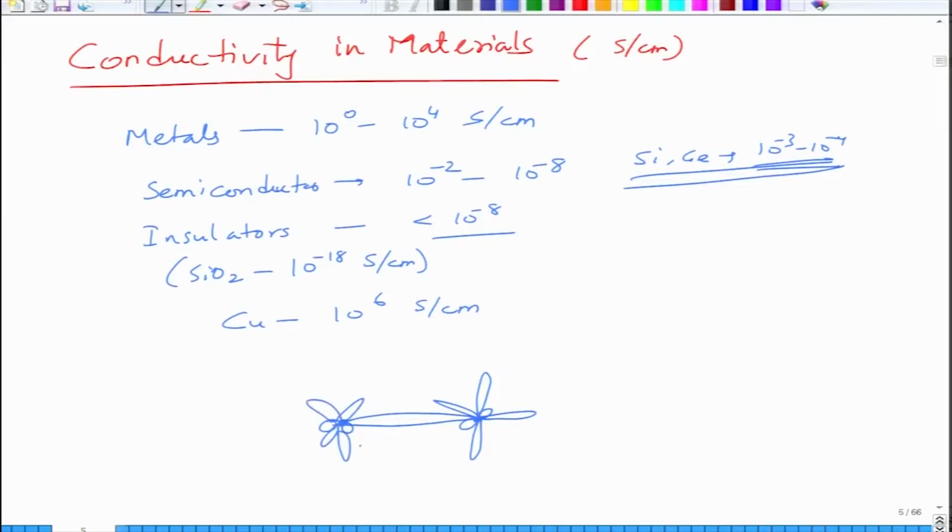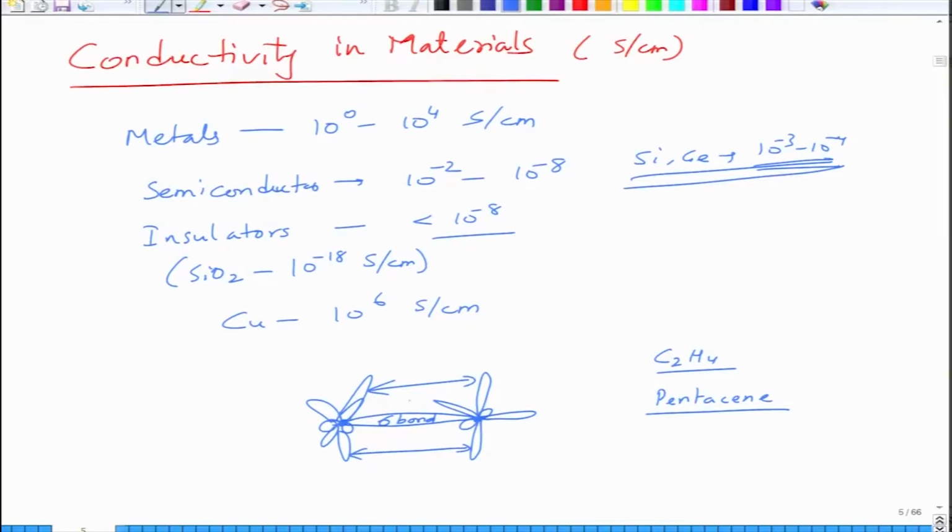Between these p lobes on the z side, there is a sigma bond here. Let us say you take an ethylene molecule, or you can take a pentacene molecule. In these, along the carbon chain you have a sigma bond, which is a strong bond.